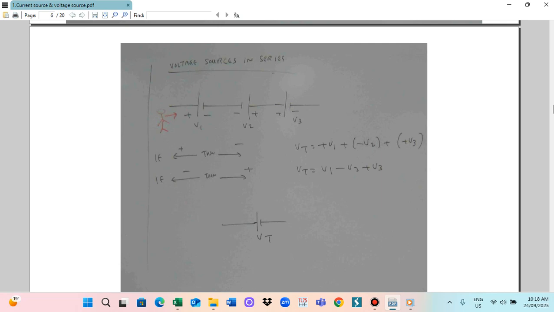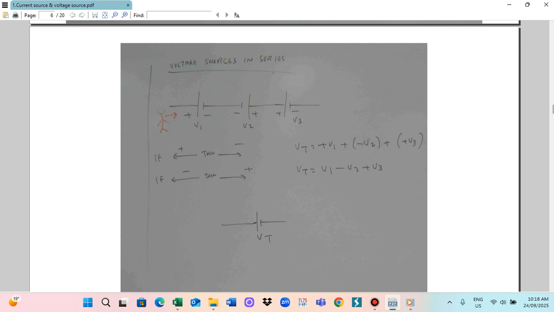If this direction is positive for V1, then you have to find the total voltage VT. So you calculate VT by working through the network. You see the positive V1, and then you see the negative and then the positive. So you write positive V1, negative V2, plus positive V3.